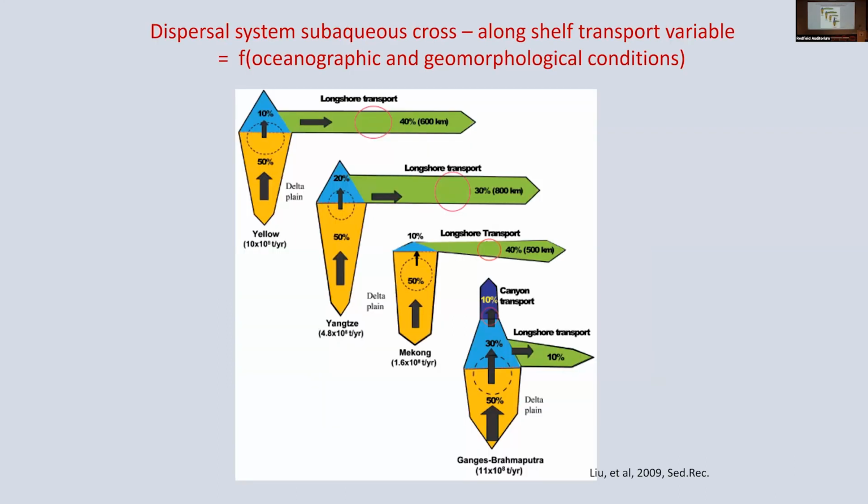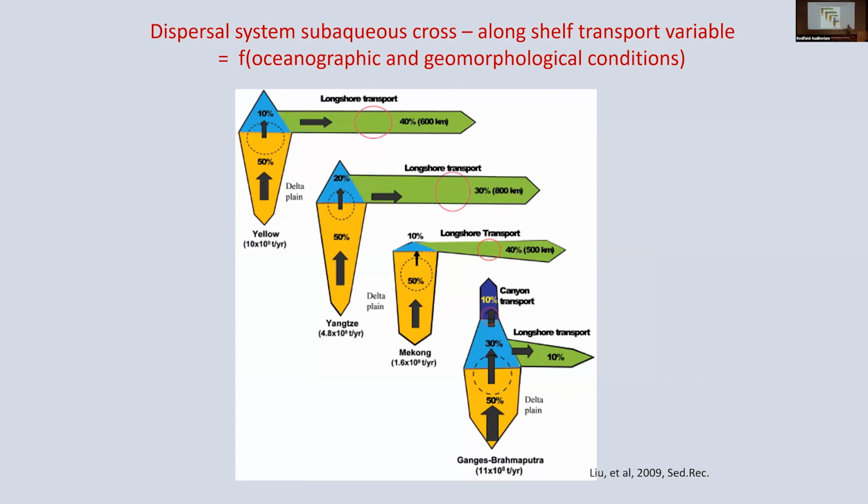Now, one of the things about deltas, for example, let's take the Mekong here. You bring in the sediment. I showed you the kind of magnitudes we're talking about. It comes into the ocean. Does it just accumulate off the mouth of the river? No. Part of it goes along shore and starts to control conditions along the shoreline. And it varies from place to place.